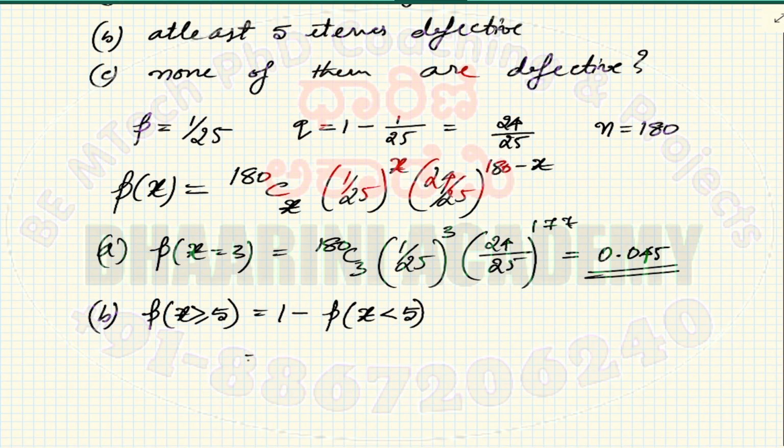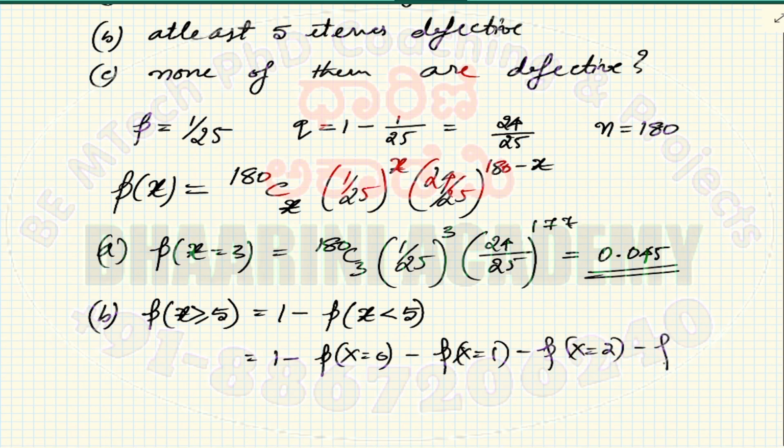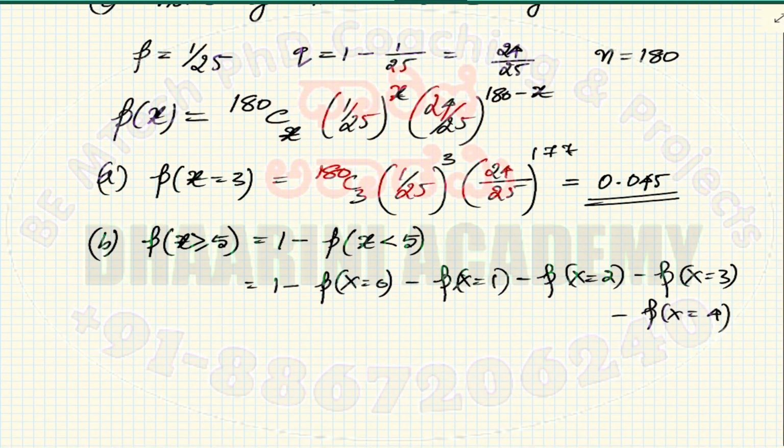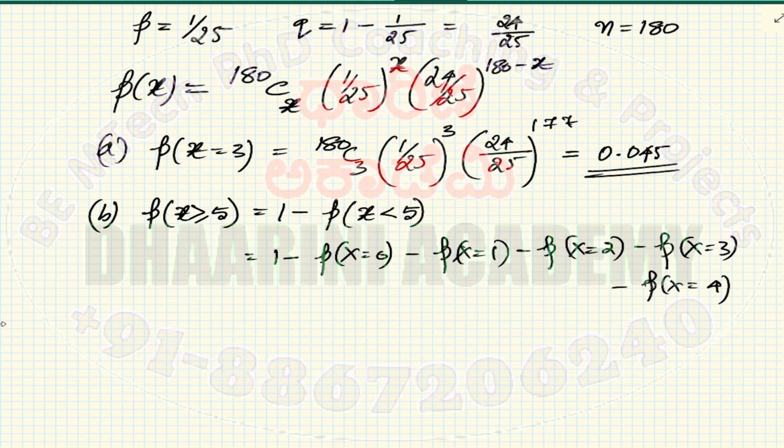So I'm supposed to write this as 1 minus p of x equal to 0 minus p of x equal to 1 minus p of x equal to 2 minus p of x equal to 3 and p of x equal to 4. I'm supposed to subtract from 1, my mistake.